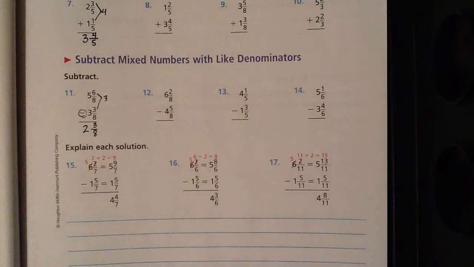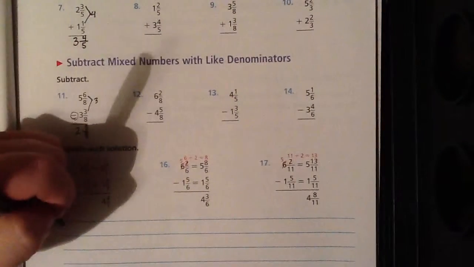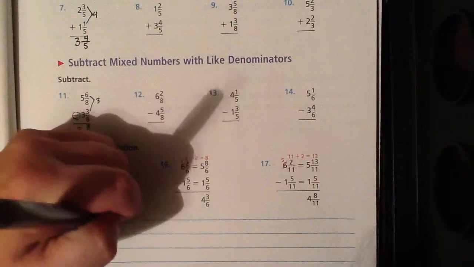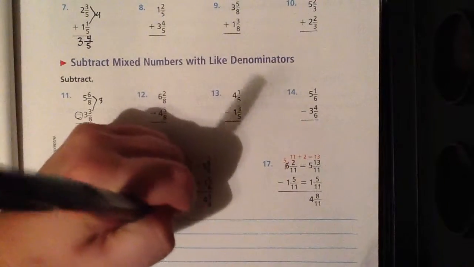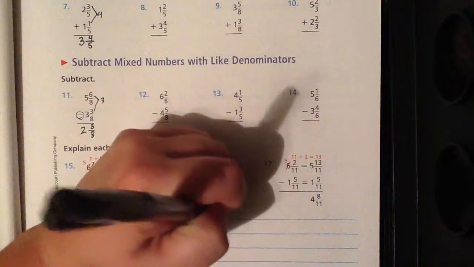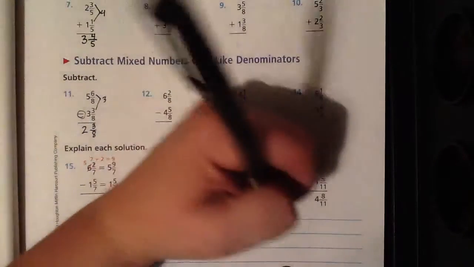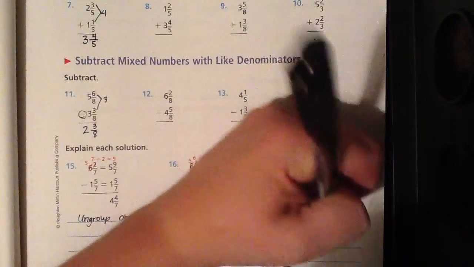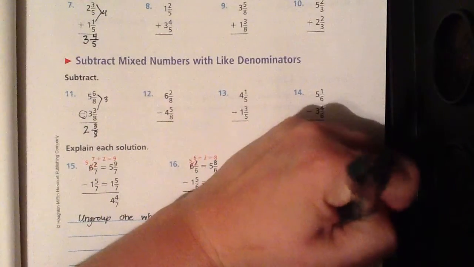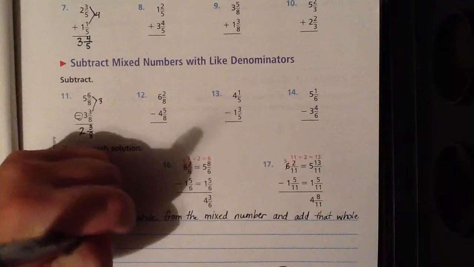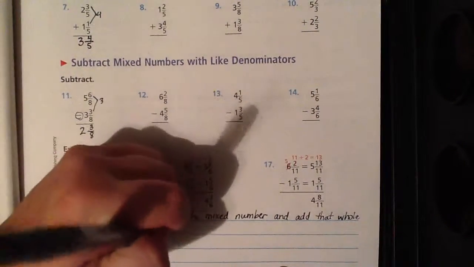So to explain each solution, we're going to say that we must ungroup one whole from the mixed number, and add that whole to the fraction part of the mixed number.